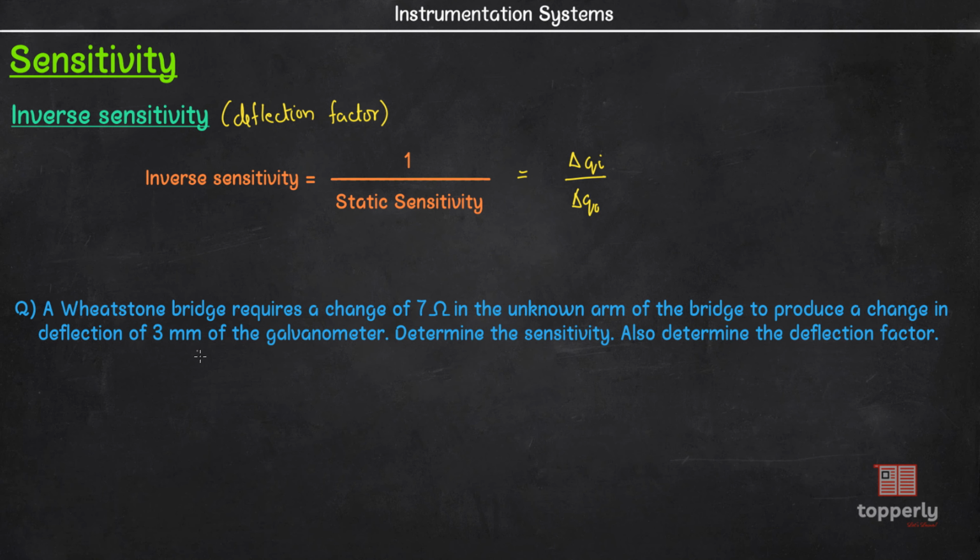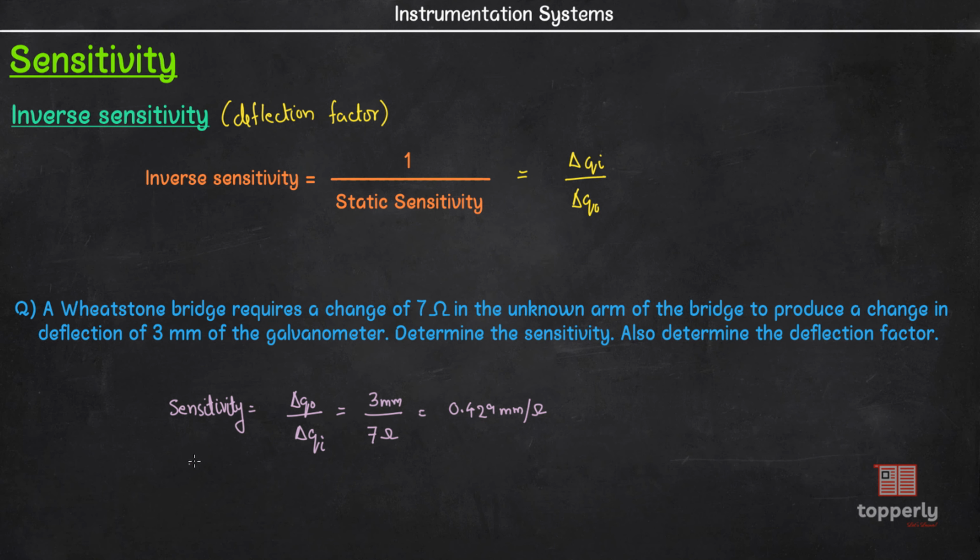So sensitivity is equal to delta Q0 by delta Qi, which will be 3 mm by 7 ohm, which is 0.429 mm per ohm.